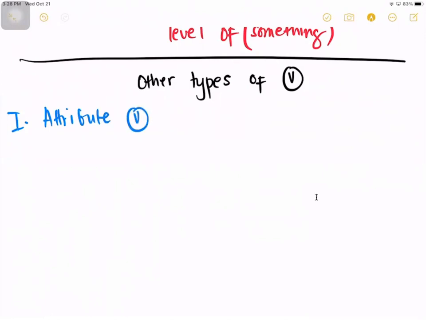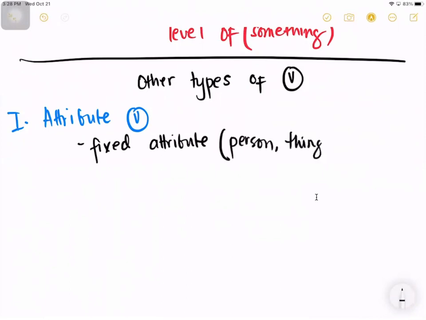Okay, so how do we say that this is an attribute variable? Remember that when we say an attribute variable, we are talking about a fixed attribute of a person, a thing, or a phenomenon. When do we identify an attribute variable?